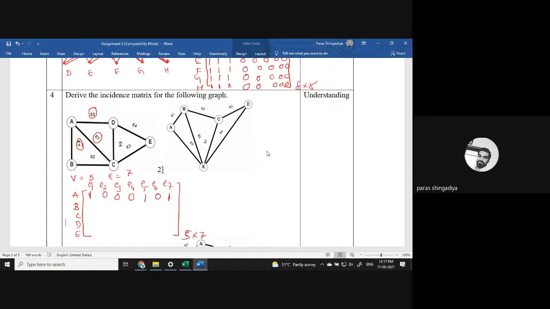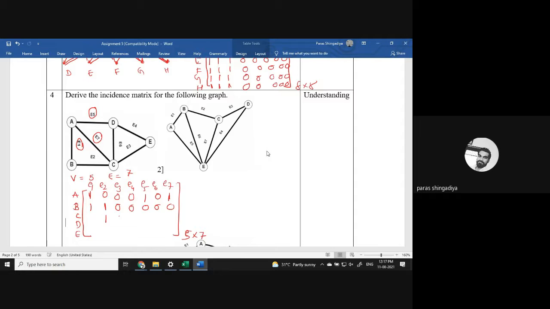A किसके साथ connected है, क्योंकि जिस एज के साथ connected है उस जगह पे आपको 1 पुट करना है, बाकी सब जगह पे 0. ओके, नाउ सेकंड वर्टेक्स B, तो B किसके साथ connected है, E1 और E2 के साथ. ठीक है, there are 2 edges only from B, so put 1 there and the rest of all the entries put 0. ठीक है, now do it for C. So C is incident with E2, E3, E6, E7.